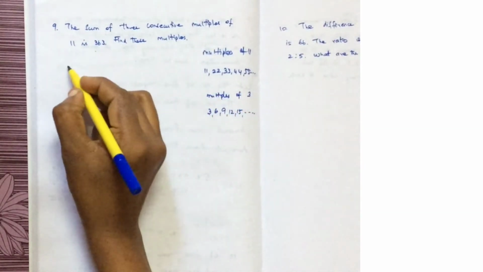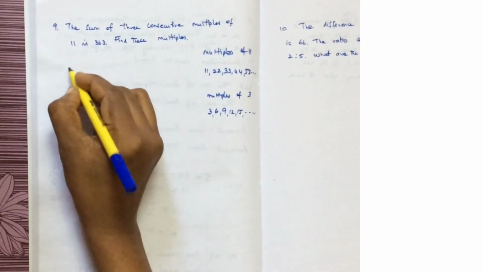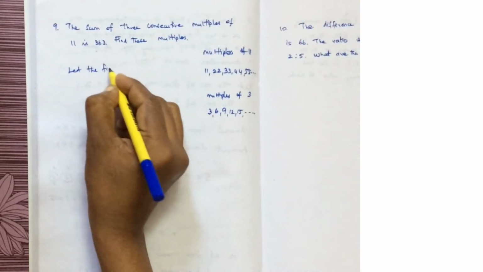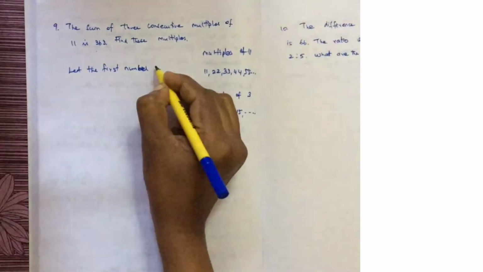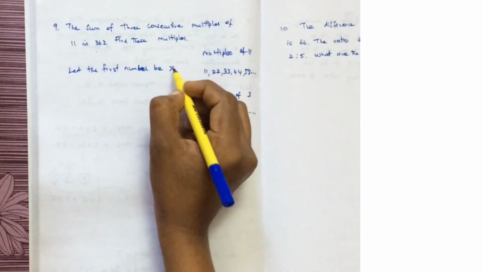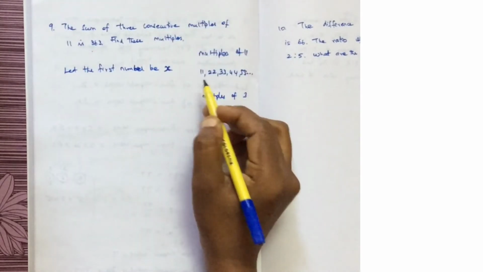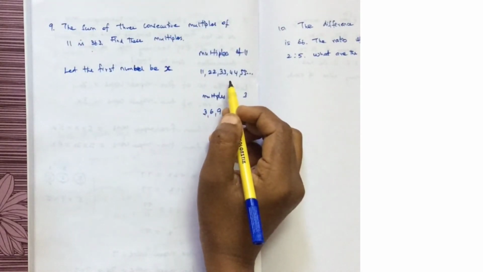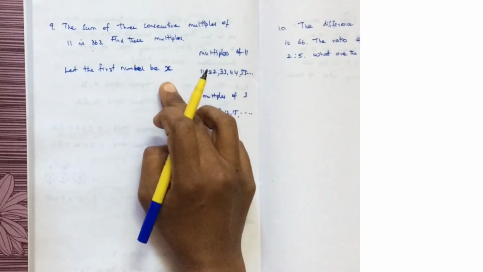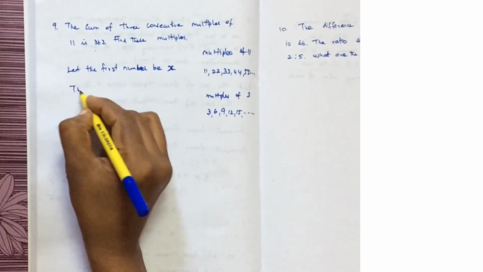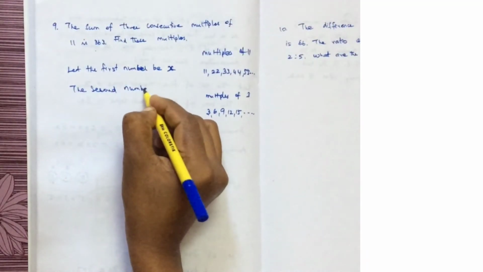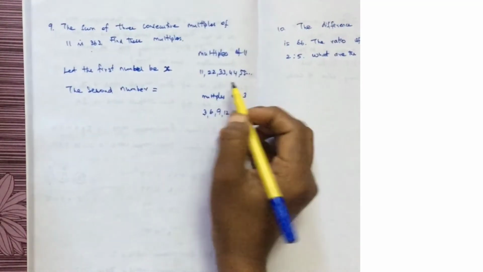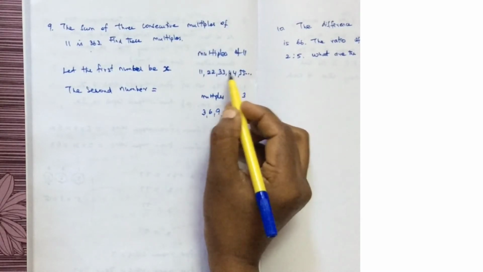So you are adding 3 numbers. I don't know what the first number is. Let the first number be x. It may be 11 or 22 or 33 or anything, so I am keeping it as x. Then what is the second number? If the first number is 33, how will you get 44?